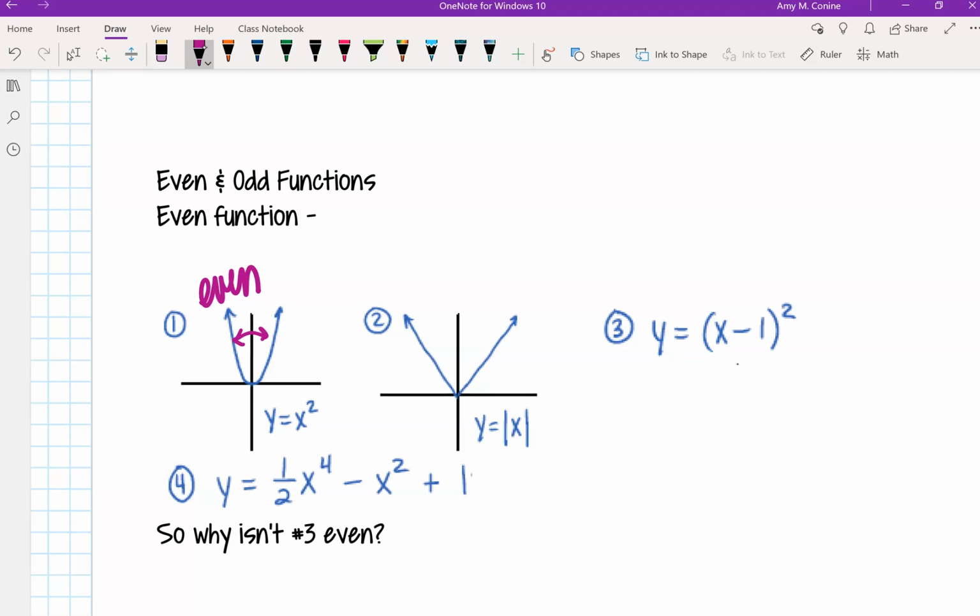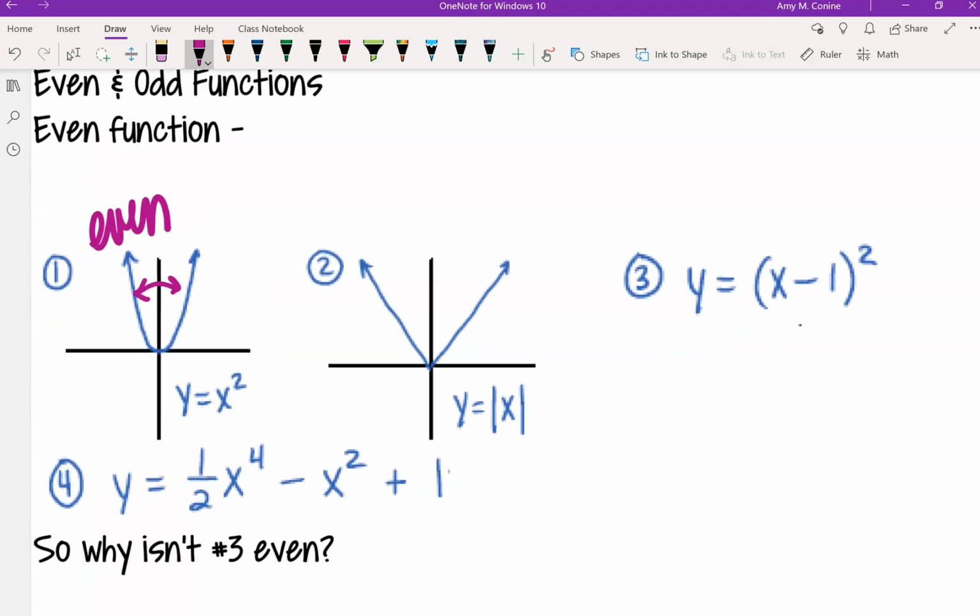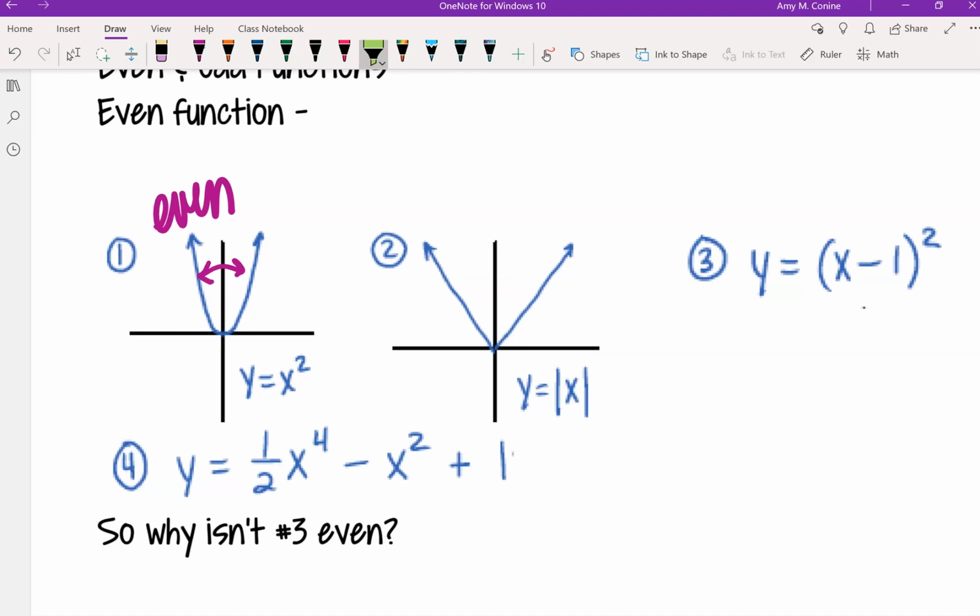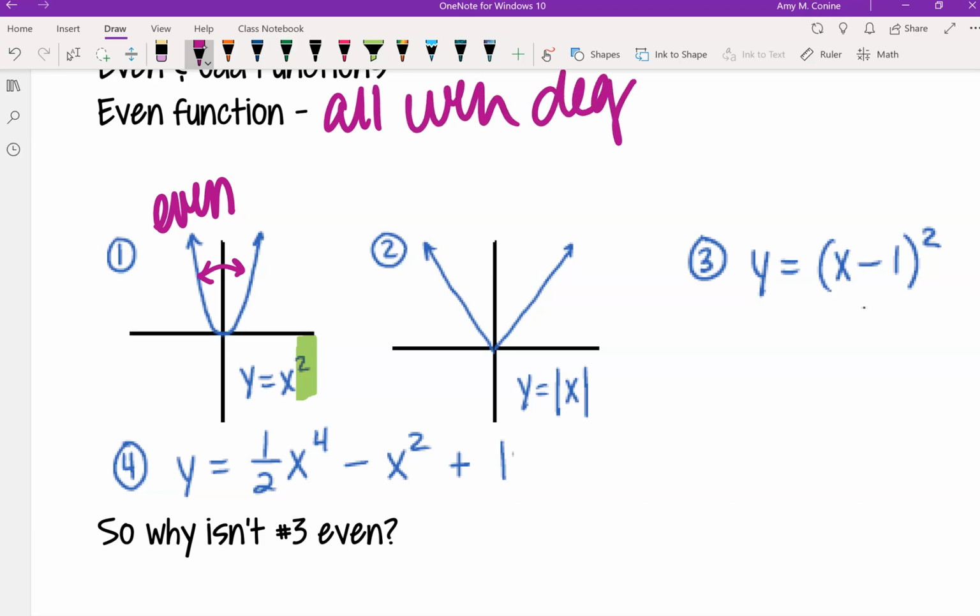It divides it completely in half. Also, because this exponent right here is a 2, an even function will have all even degrees, okay? It can't be mixing and matching, it has to be all even. So you can use either to help you.